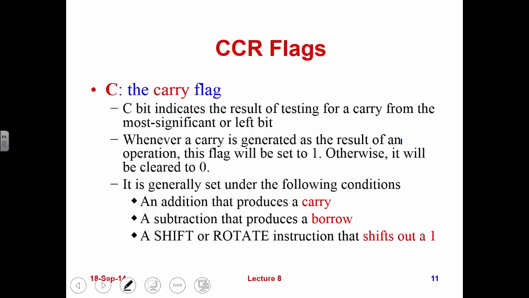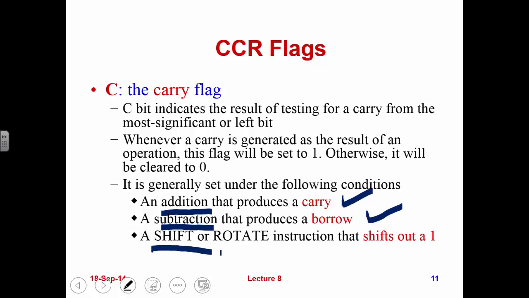In addition to carry caused by addition and borrow caused by subtraction, data manipulations like shift and rotation instructions we learned in the first category may also cause the carry bit to be 1.